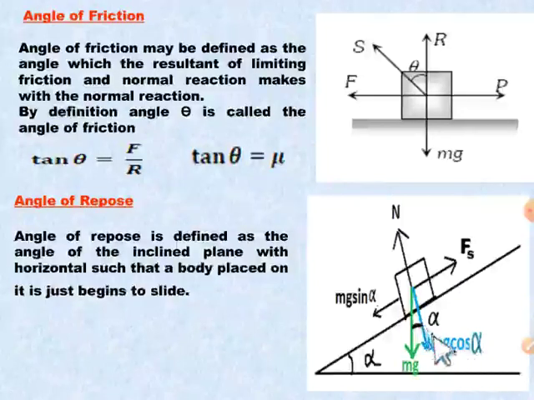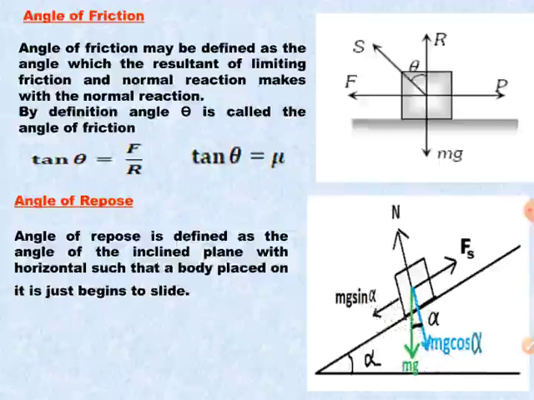The other rectangular component is mg sin alpha. Got it?